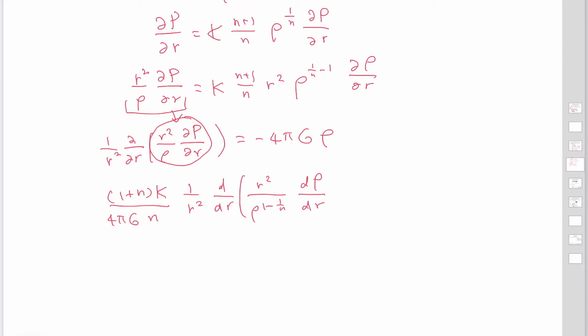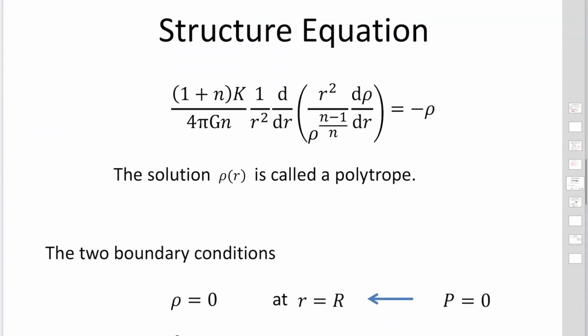So now the independent variable is just r. We change from the partial derivative ∂ to d, equal to minus rho. So the dependent variable is just rho, and the independent variable is r. The structure equation becomes this one. This is the exact same equation that I showed.